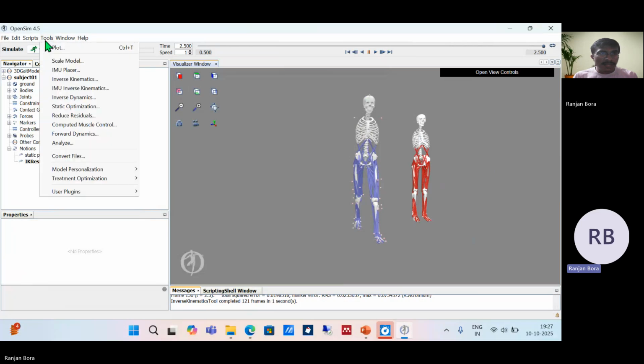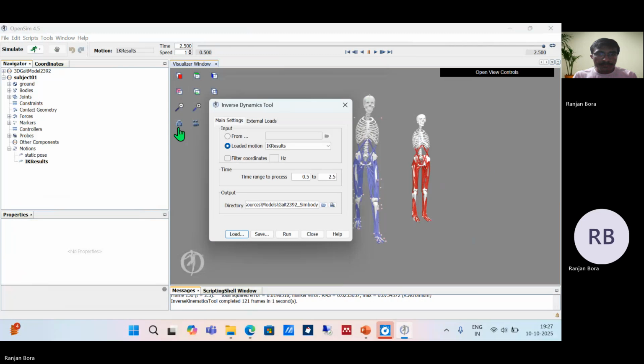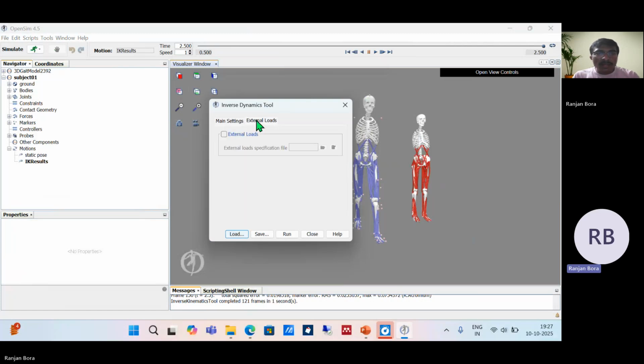Next is inverse dynamics. So now we'll do the inverse dynamics. We have loaded the motion, which means the joint kinematics results from after doing the inverse kinematics. We'll filter the coordinates to reduce the noise, and we'll load the external load file here. External load means the ground reaction force, which acts when we walk on the ground.